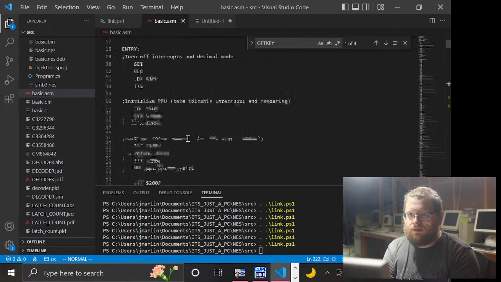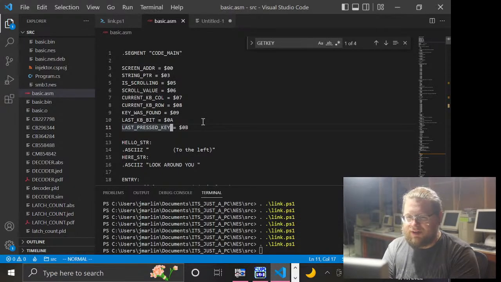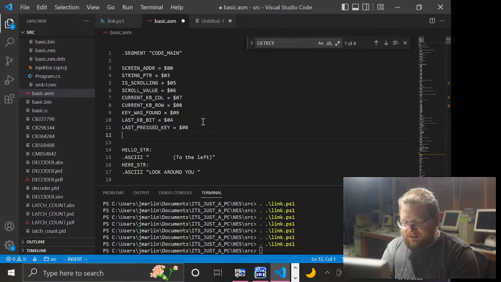Just to rule out things screwing up my stack, and if the stack is screwed up it would be really screwed up, let's just add a zero-page variable, motor status. And it looks like we'll put that at 0C.